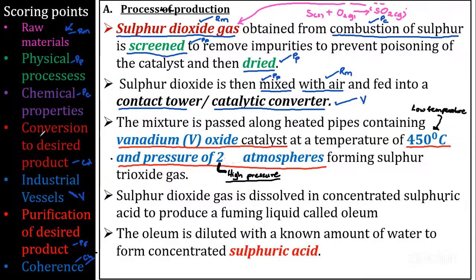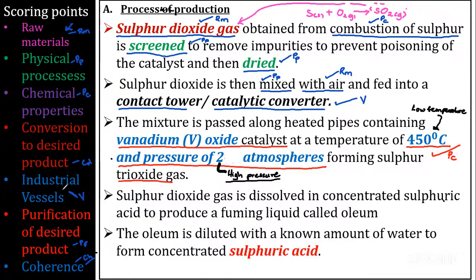As we continue, all this statement is targeted to give us a product in form of sulfur trioxide. Therefore, it's going to be marked and treated as a chemical process.